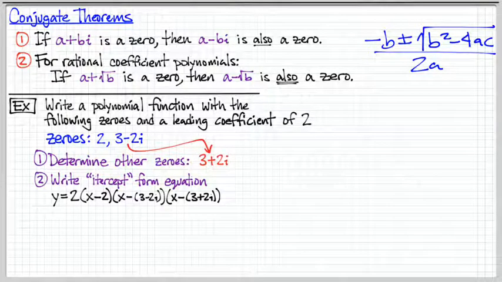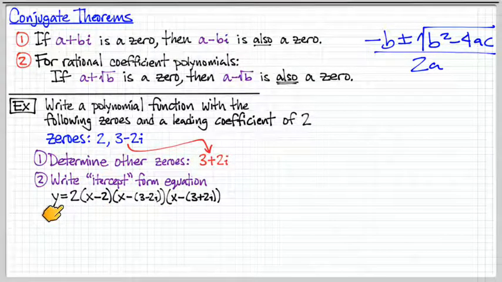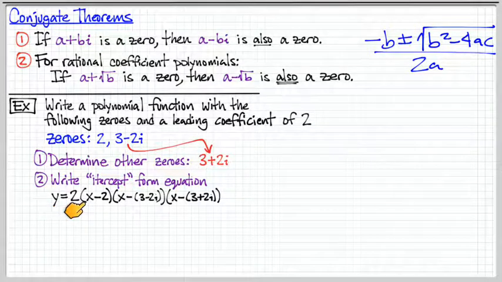We're going to use an intercept-form-like form. We've seen when we have a quadratic, when we have x minus p, x minus q, we called that intercept form. Now we're going to look at the case where we have more than 2 zeros. We have 3 in this case, so I could write this zero as a factor x minus 2.